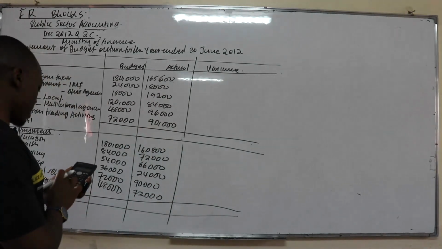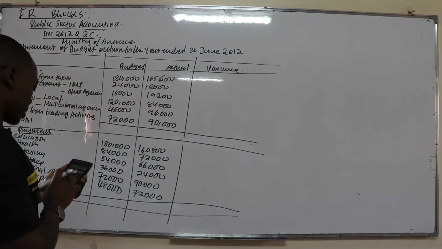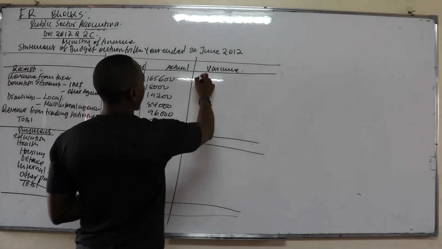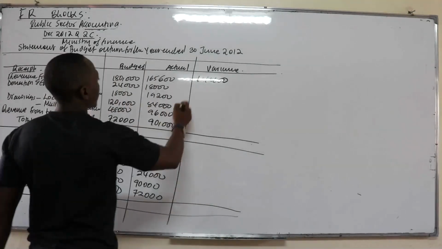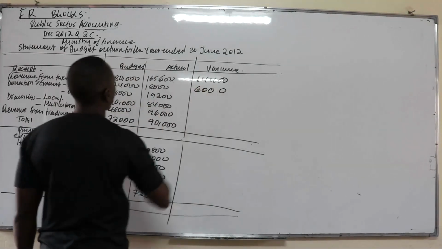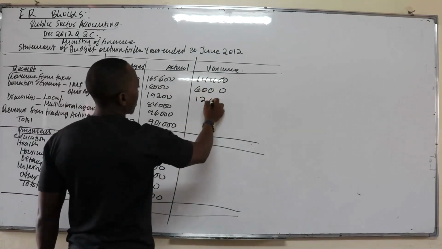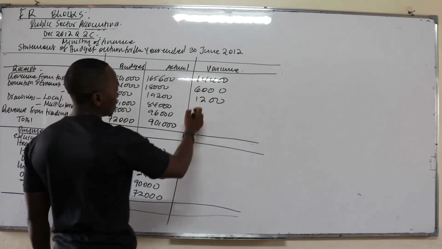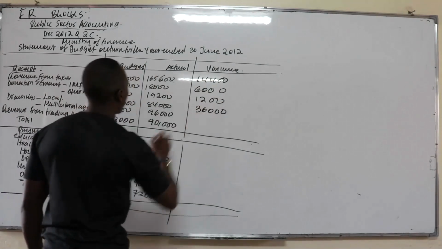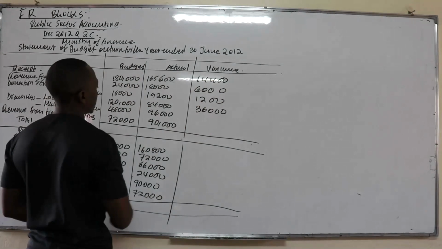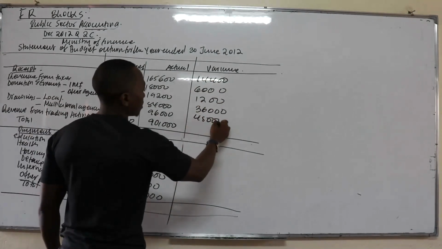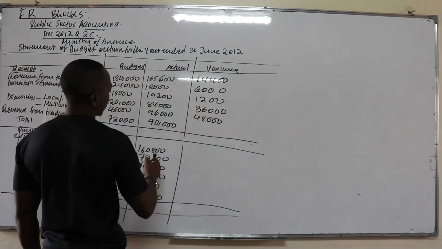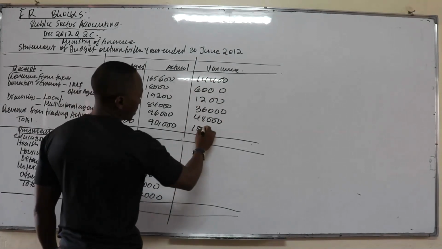So 180 minus 165, we have a difference of 14,400, a difference of 6,000, a difference of 1,200, a difference of, that should be 40, so that's 36. Then we have a difference of 48. We have a difference of, that should be 20, so it will be 18.